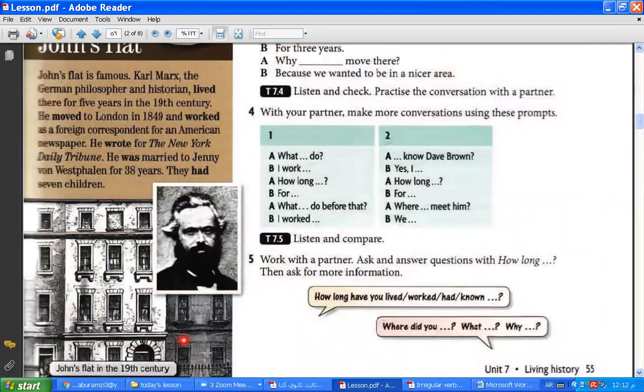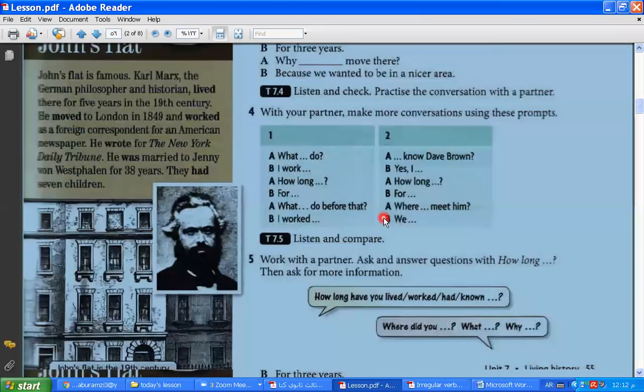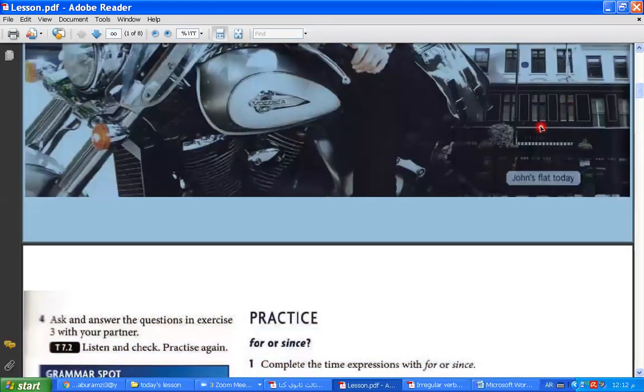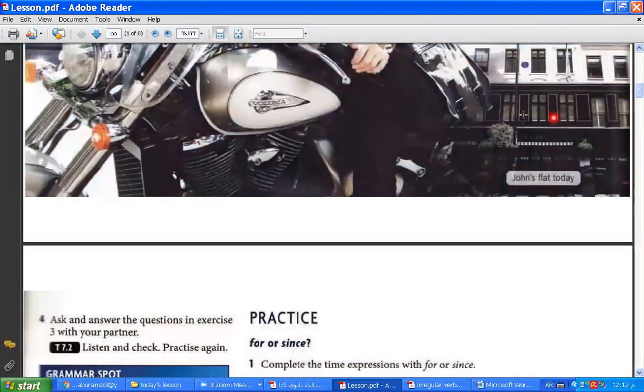So this is a photo in the 19th century for this building, for this apartment now, today, like this.